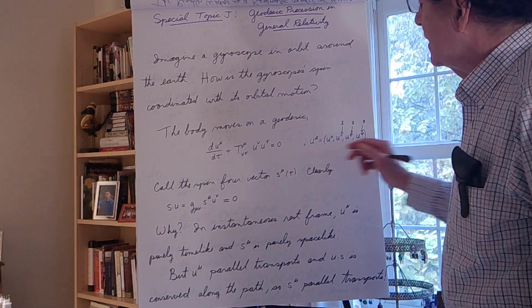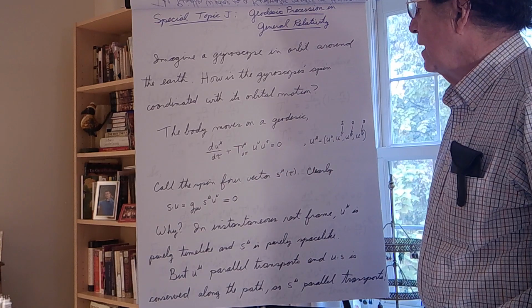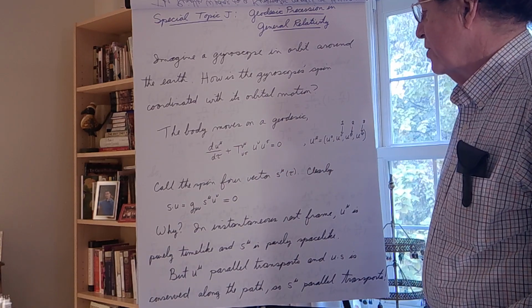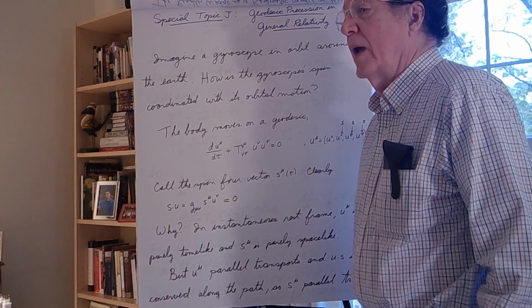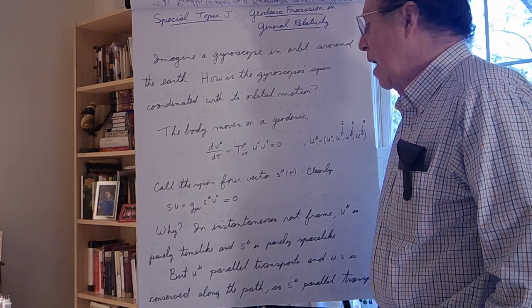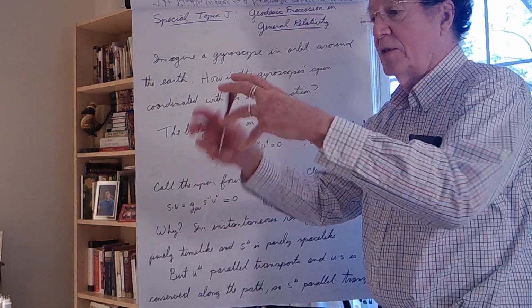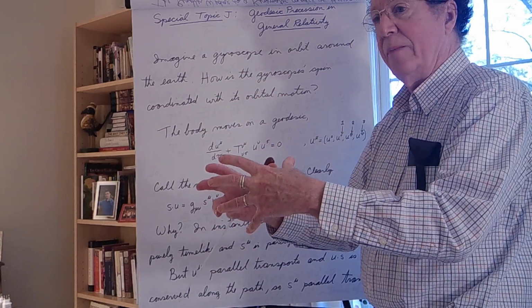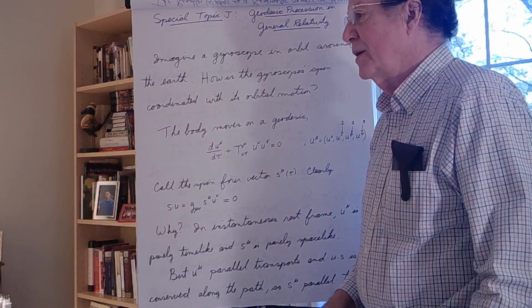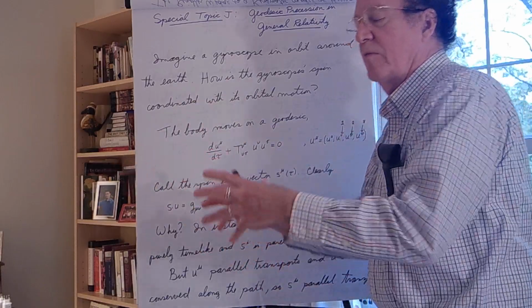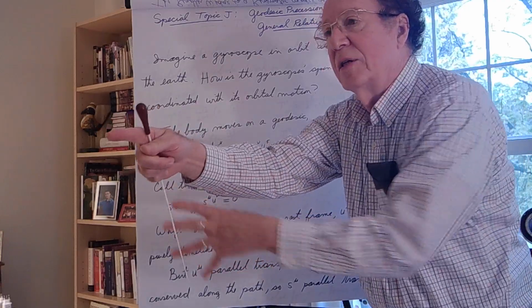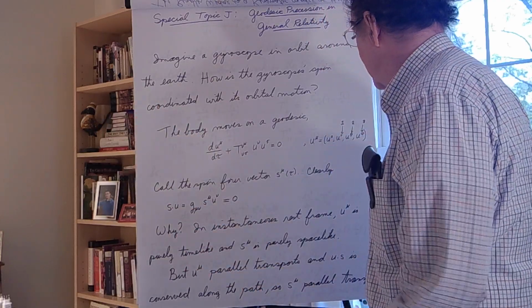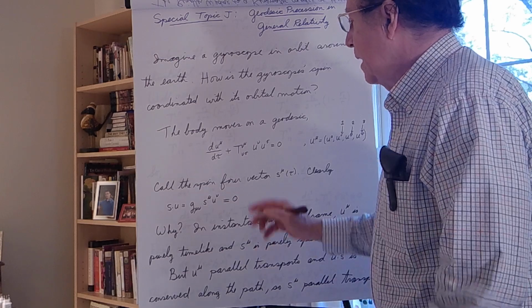Okay, well that characterizes the body, but now I want to think about the spin. Okay, so I have a spin 4-vector. Okay, and I know what that means. If I take the gyroscope and sit in its rest frame, the spin points in a particular direction. I can move the gyroscope around. Okay, and in those situations, that spin will stay in that direction as I move the body under it. Okay.